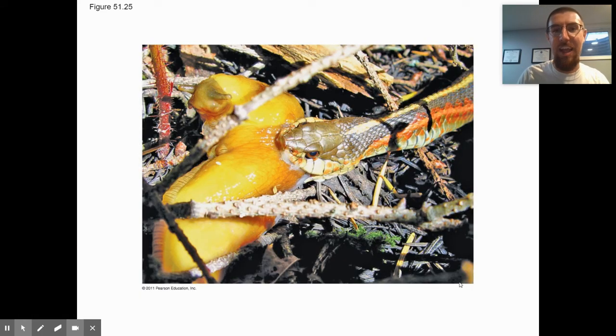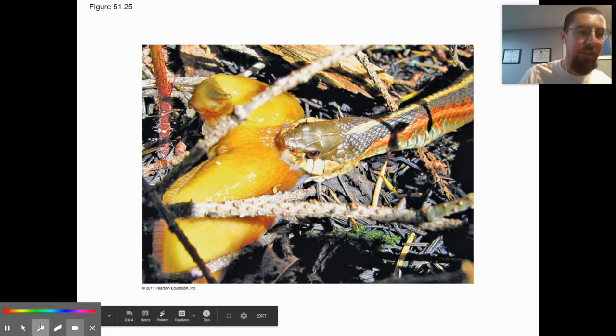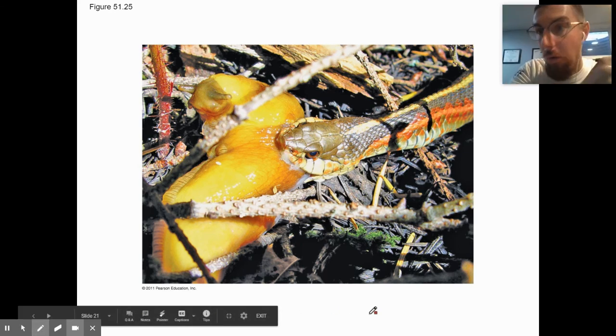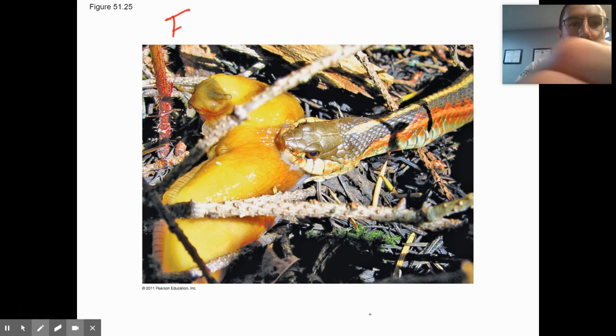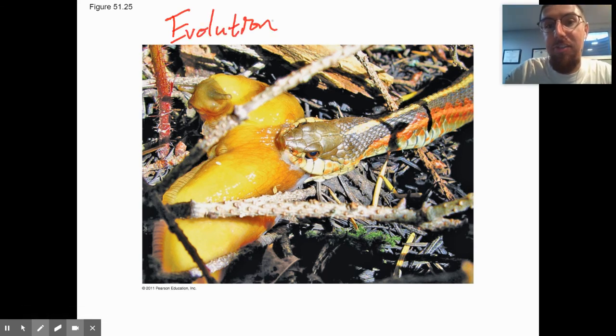All right, our last figure for today is one of garter snakes and banana slugs. One theme that you're going to see throughout this course is evolution, and how evolution is everywhere and affects the many different aspects of plants and animals in their environments.